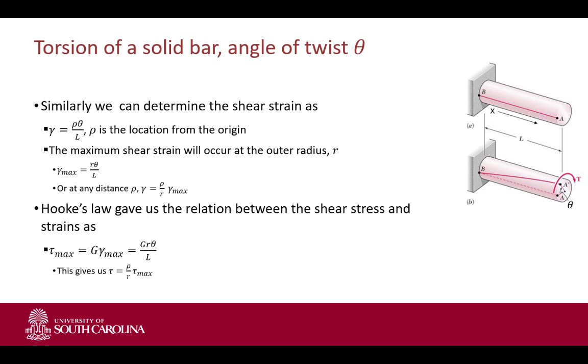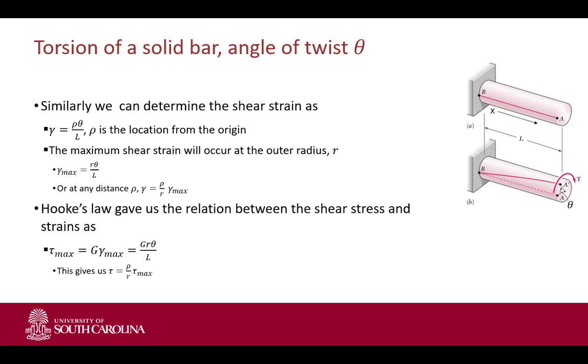That coordinate is called rho, and rho is defined from your origin to A. So it can vary from 0 to the maximum radius r. In this case, our shear stress at a location is equal to rho times theta divided by L.